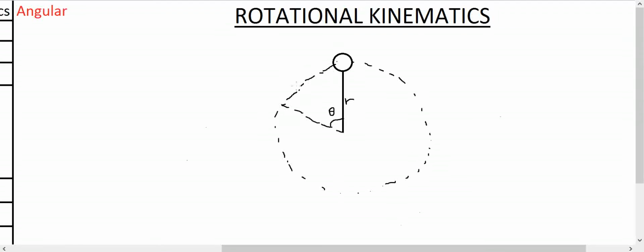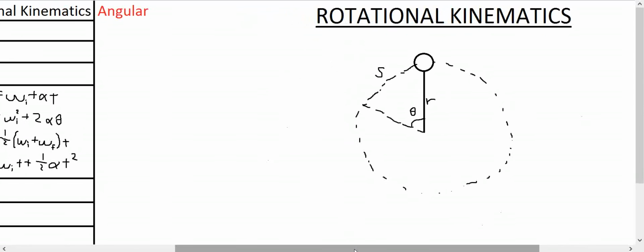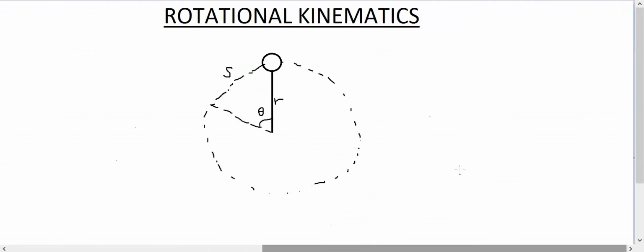This distance is the tangential displacement, and it's also represented by capital letter S, like normal displacement. What's the relationship between S and theta? Shouldn't be too hard to guess. Yeah, so S equals R theta. Don't forget, angles are in radians, so you can just multiply them by R to get this length.